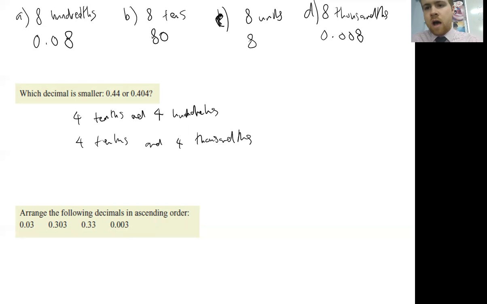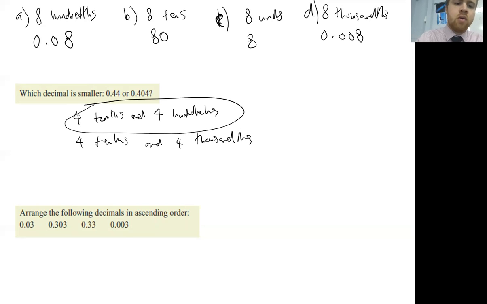Because hundredths are bigger than thousandths, the first one is going to be the bigger one. So we would say that 0.404 is smaller or less than 0.44. Remember, we can use the less than sign or greater than sign. Make sure the arrow is pointing to the smaller one if you're doing less than, and the big side should be on the big number.